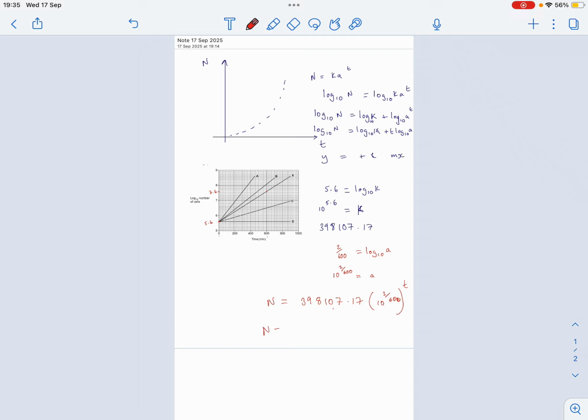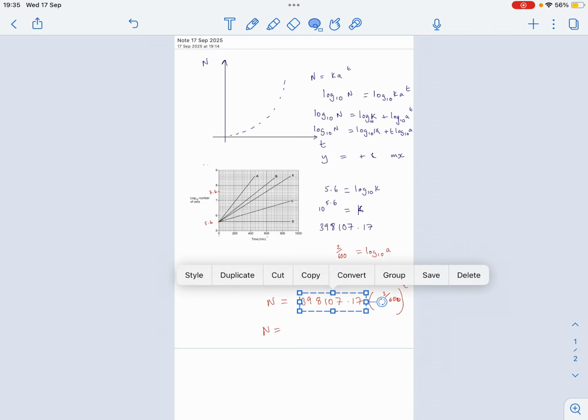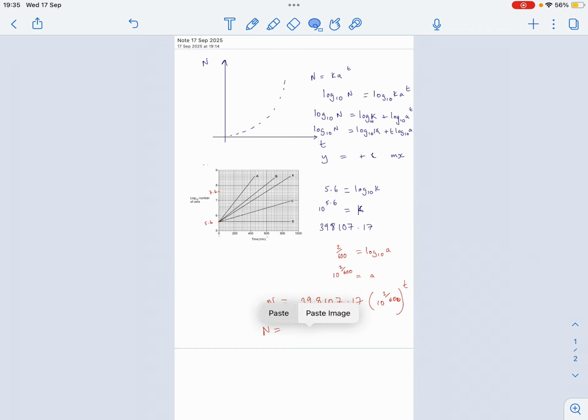So what I end up having is this value. Copy, paste. That was better. Times by 10. Which actually is the solution that we want at the end, because if we round it, it will give us 4 times 10 to the 7.